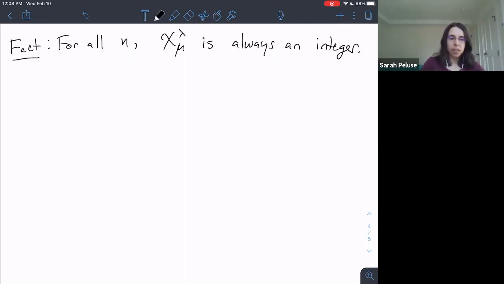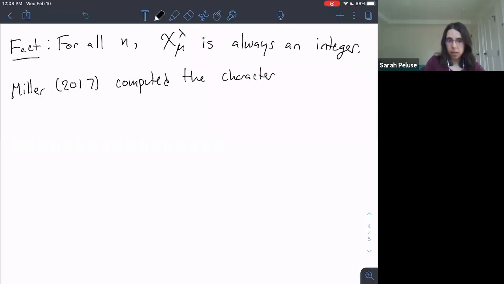So Alex Miller investigated these questions computationally. He computed the character values of Sn mod 2 for all n up to 78.